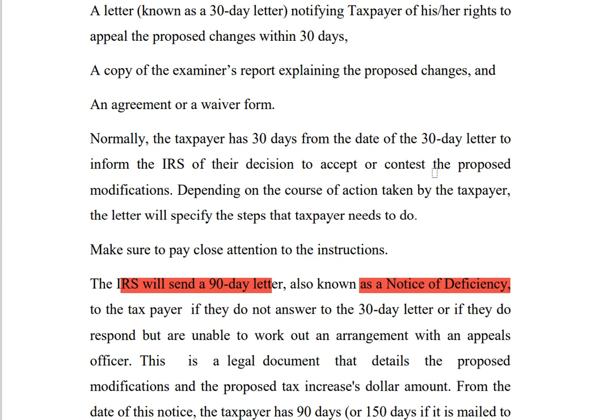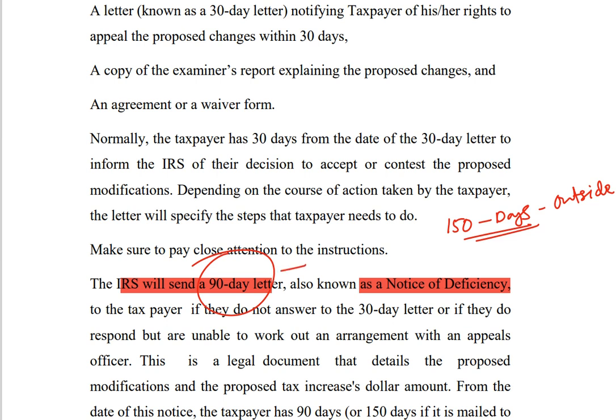The taxpayer has typical options of going for the appeals program with the IRS or to pay up. Now, if the taxpayer doesn't do any of that, doesn't go to the appeals or doesn't pay up, then the taxpayer gets something called a notice of deficiency or a 90 days letter. This 90 days letter could be a 150 days letter if the taxpayer is outside the US. Typical cases could be there, but usually it's called a 90 days letter.